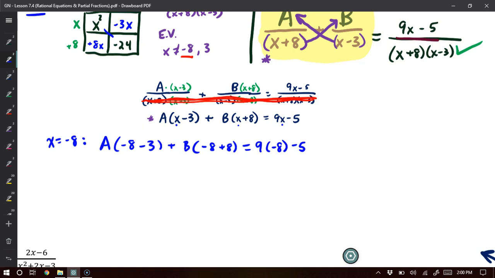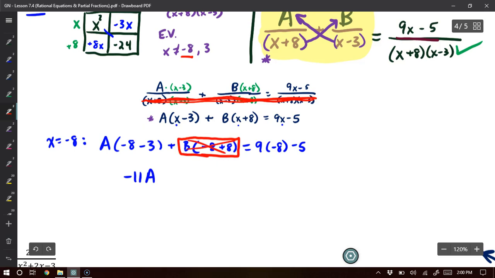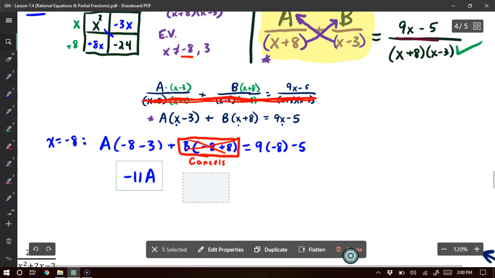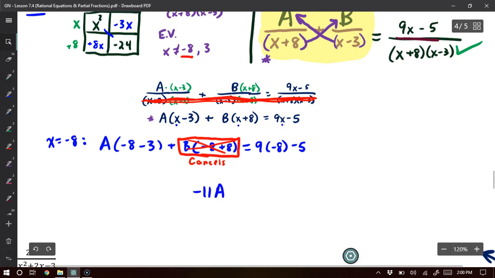Well, this gives me -11a right here. That's not bad. But what happens here? I get -8 plus 8, which is 0. And 0 times anything is 0. So it goes away. So I'm only left with -11a. I'm only left with one variable now.